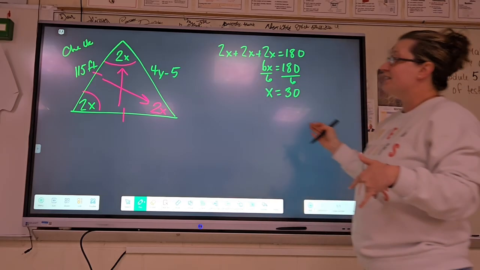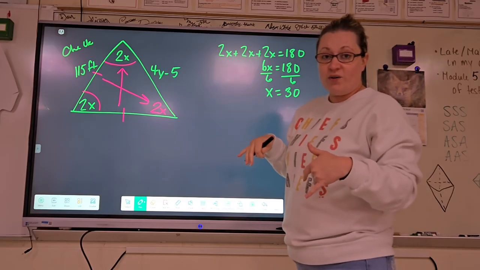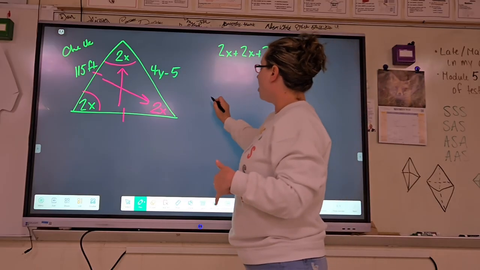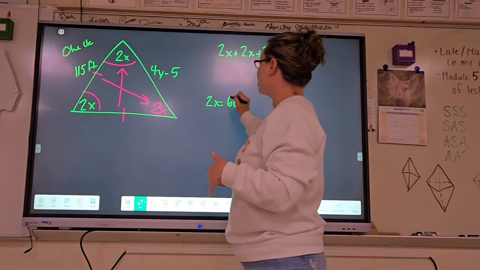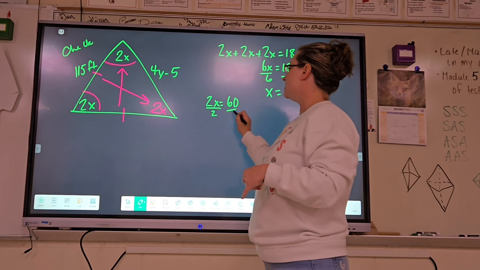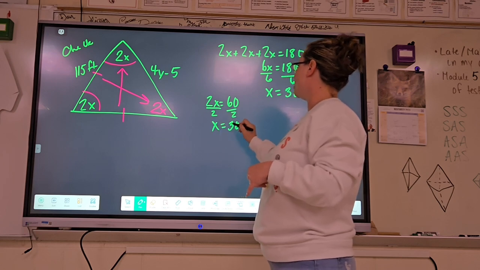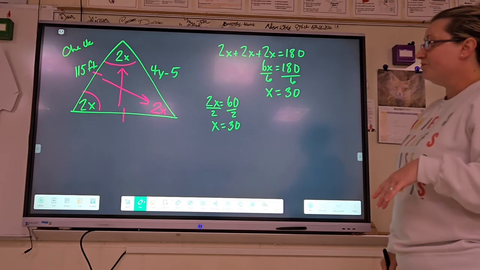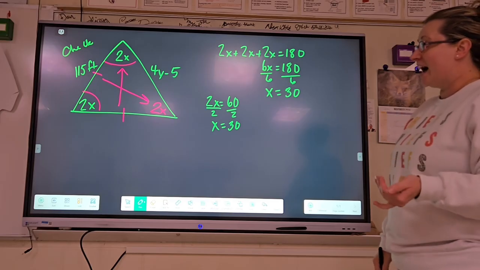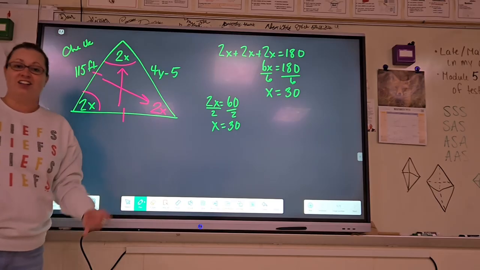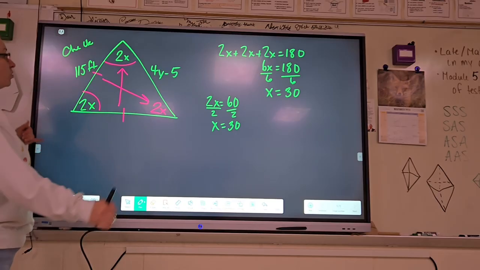Another way of doing that is, since we know that all three of those angles are 2x, we know this is an equiangular triangle. So I know that all of those angles have to be 60 degrees. And so if I just take that, I would have ended up in the same place. x is still equal to 30. So either way works on this one. And then when we go to find the sides, we know that all of the sides have to be equal because all of the angles ended up being equal.